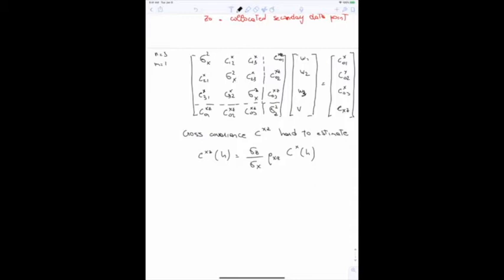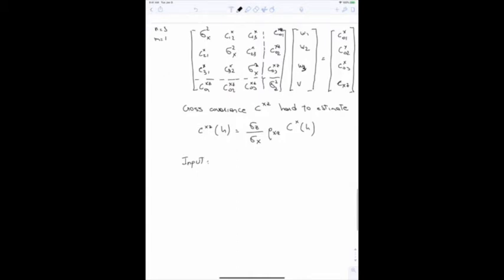And so essentially, the inputs, if you want to implement it, are simply the variance of x, the variance of z, and the correlation between x and z. This one here is generally called the Markov assumption.